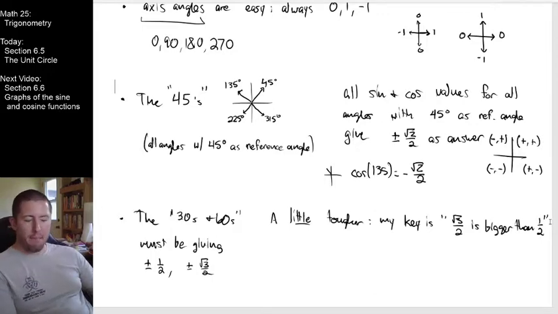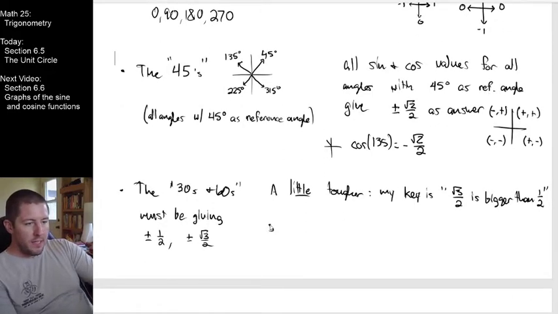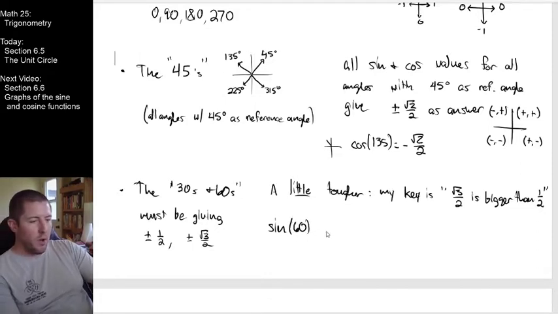So I'm going to do some examples for this one rather than give a description. And so things like sine of 60. How do I remember really what's going on with sine of 60? When I'm given sine of 60, I will draw my 60-degree angle right there. What I can see from my angle here is that the vertical component is larger.